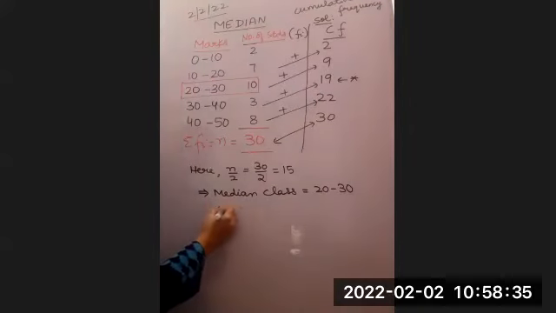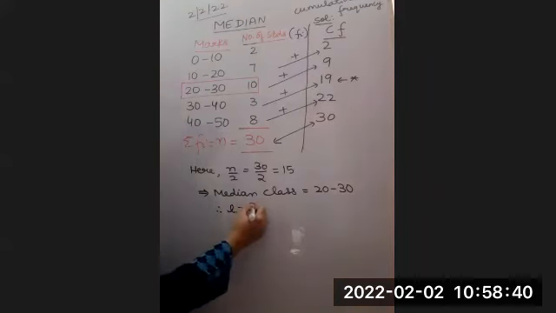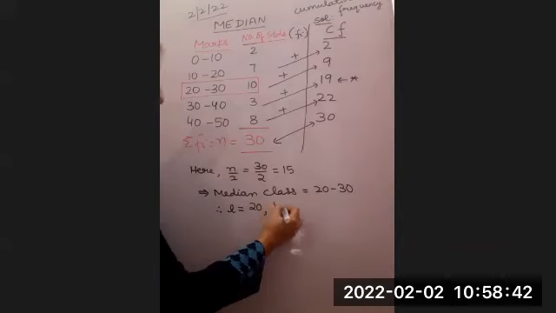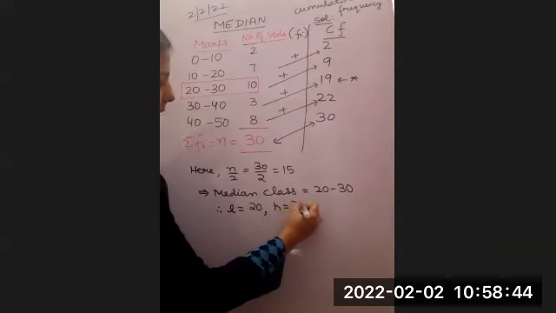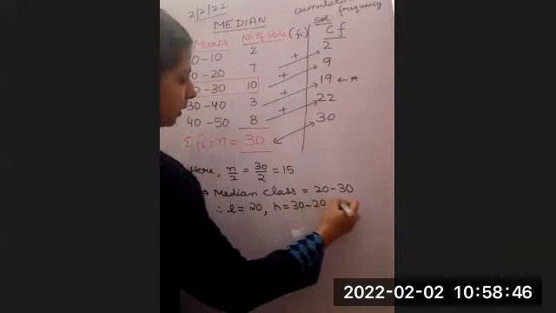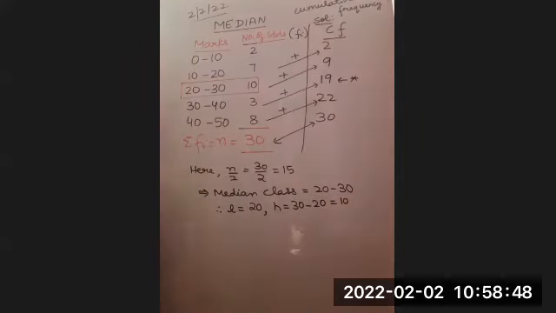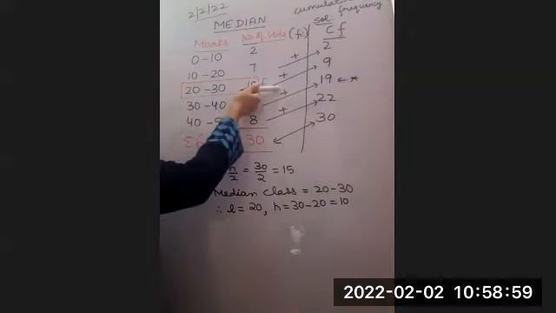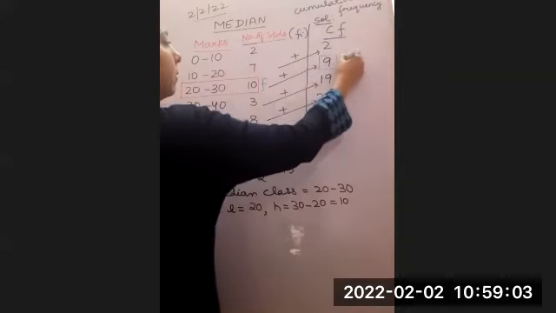What is the lower limit of the median class? 20. Class size would be? 10, 30 minus 20. What is the frequency of the median class? 10. And what would be CF naught? 9.